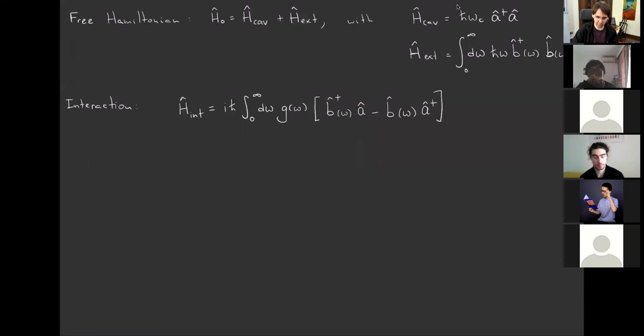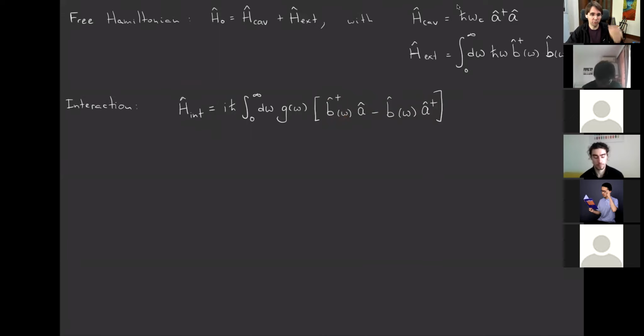On the other hand, this minus sign and i h bar and so on, that I am just taking for convenience, but you could put here a plus sign and remove the i, or in general, put any phase, okay? This phase doesn't play much of a role. It doesn't play any role at all, actually. So now, what this is saying is that you can destroy one photon or create one photon at a specific frequency omega.